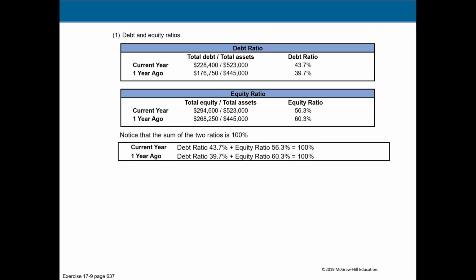If you take the debt ratio plus the equity ratio, you have 100% of everything. And this just proves that by taking the debt ratio and the equity ratio of the current year, you end up with 100%. And you can do the same thing for each year, the debt ratio and the equity ratio.